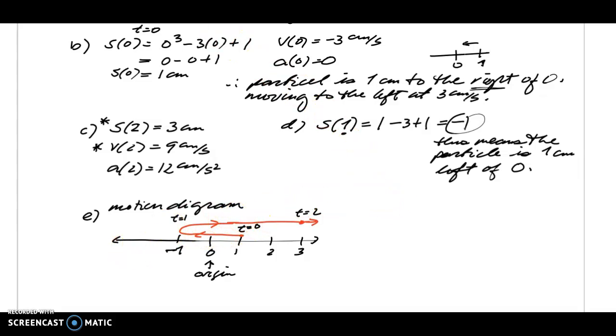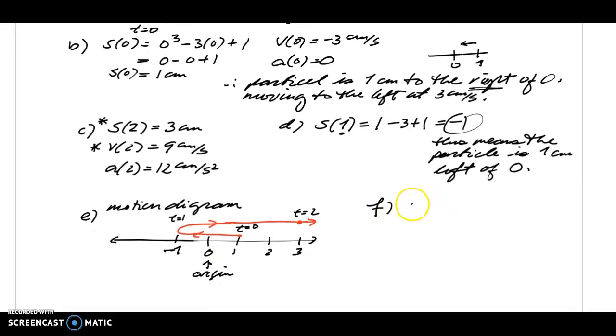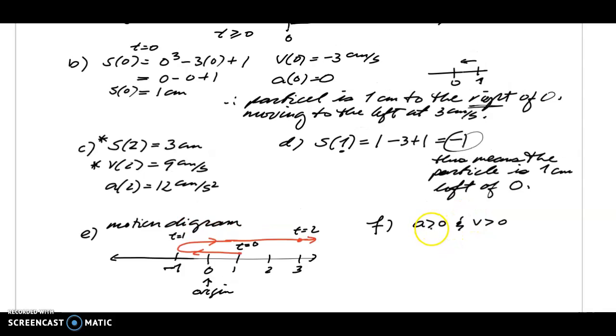So what we can say then in F, for what time interval is the particle speeding up? Now remember, if the speed is increasing, acceleration needs to be greater than 0 and velocity needs to be greater than 0, so they both need to be positive.